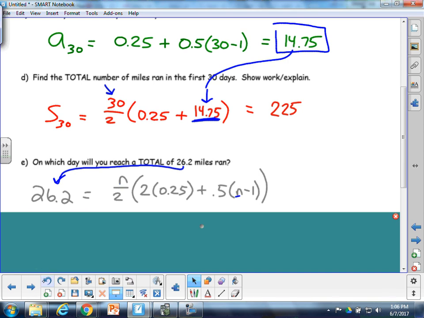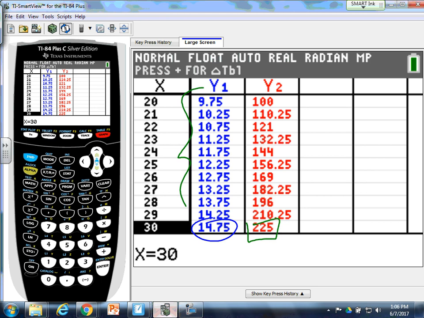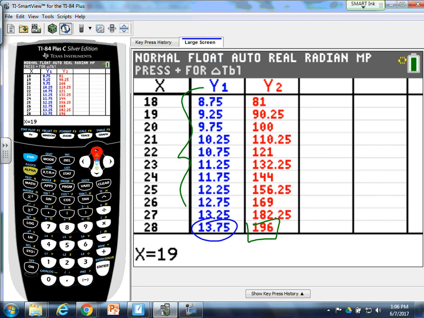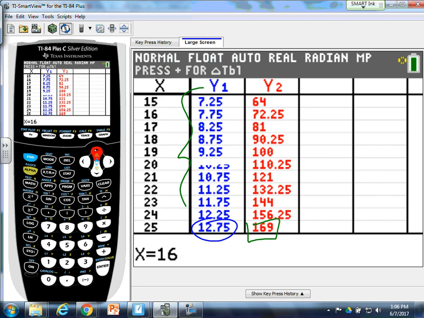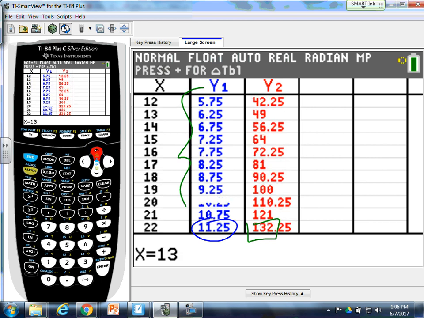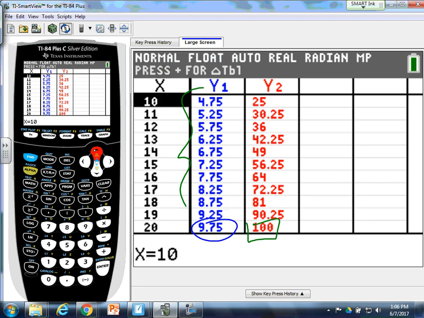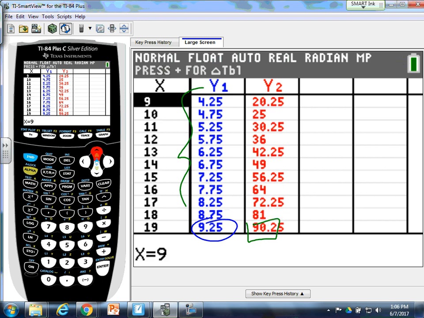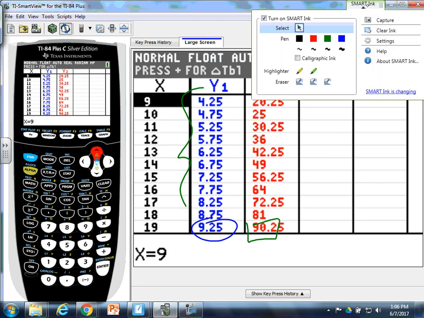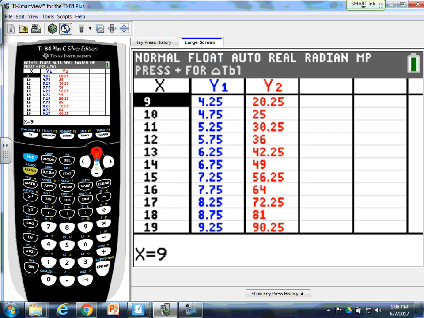So if you have the equation in your calculator, you can just go right to the table and say, all right, I'm looking at the red numbers because that's the combined sum. I want to know when does that get to 26.2. It's going to make this problem so much easier. You can see that after day 10, you've run 25 miles.